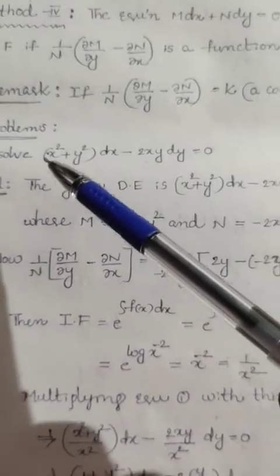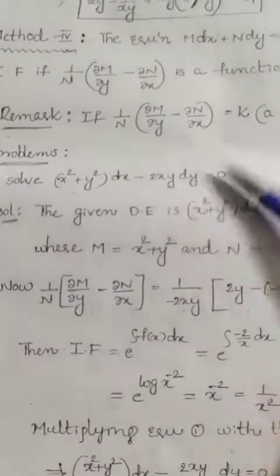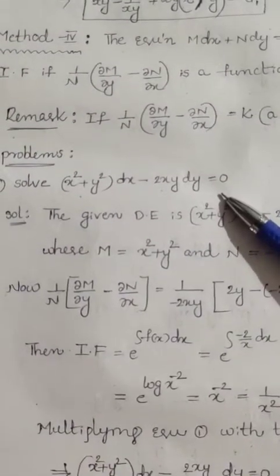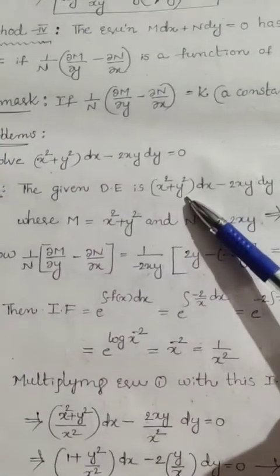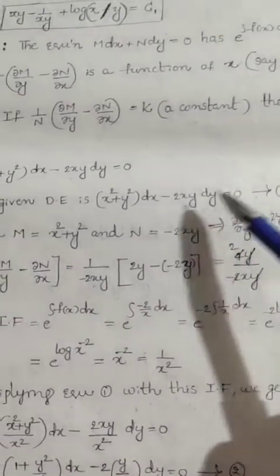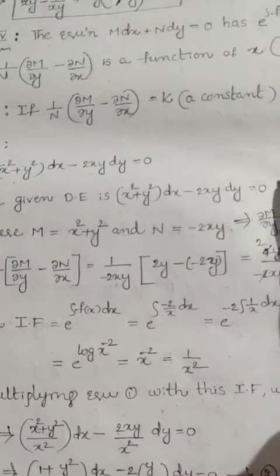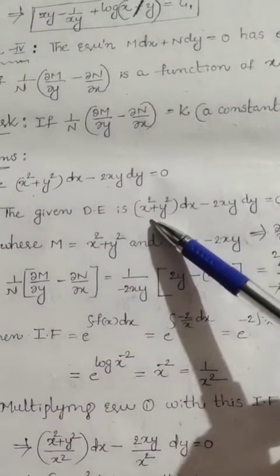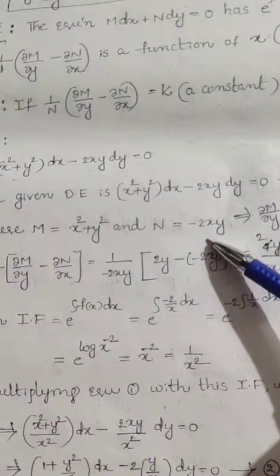First problem, solve (x square plus y square) dx minus 2xy dy equal to 0. Then the solution. The given differential equation is (x square plus y square) dx minus 2xy dy equal to 0. This is equation number 1. It is in the form of M dx plus N dy equal to 0, where M equal to x square plus y square and N equal to minus 2xy.